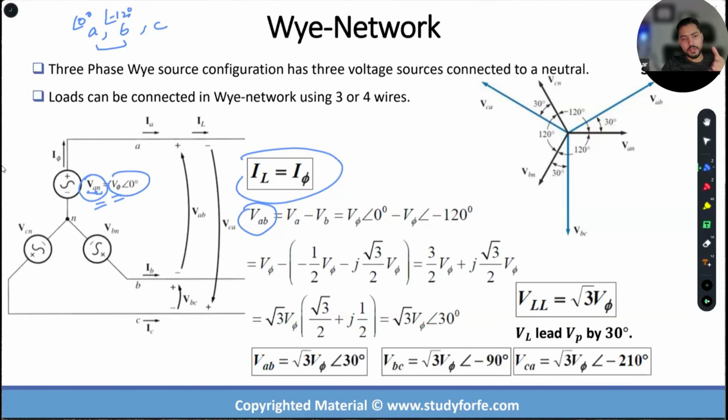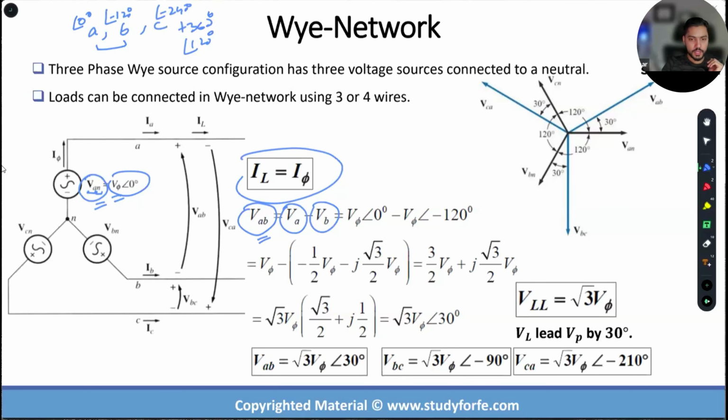We are not doing BC, but if you were to do BC and VBC, I strongly recommend that you do that, right? Then we can list C as well. C is going to be minus 240 or minus 240 plus 360 because you can add or subtract 360. This is how it ends up being 120, okay? So VAB is basically the delta between phase A voltage and phase B voltage.